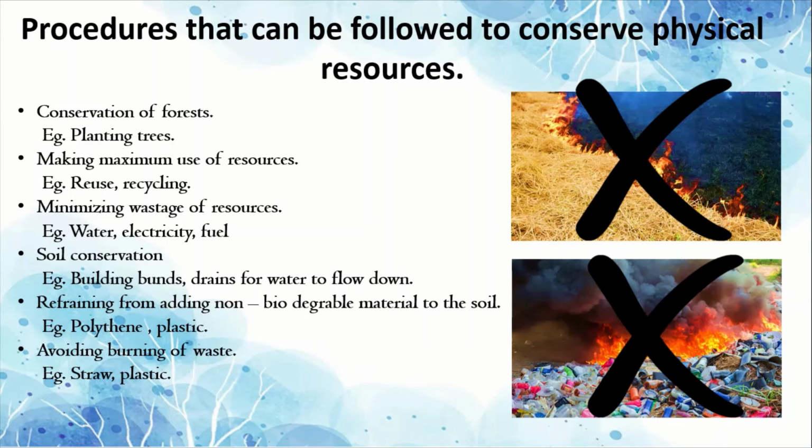If we add these things to the soil, they will last a long time in the soil. It will be a reason to destroy soil organisms and structure. So, we should take steps for recycling polythene and plastic.